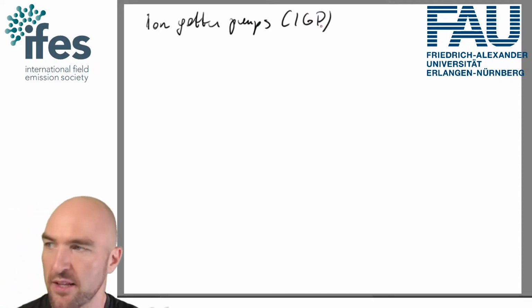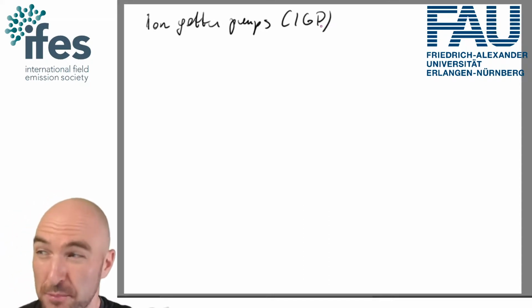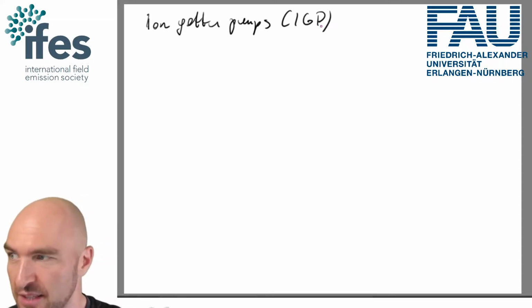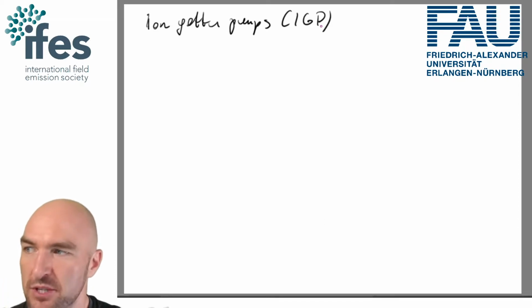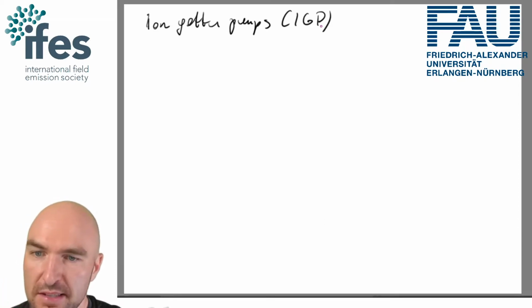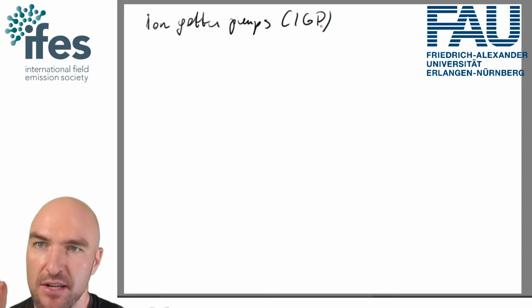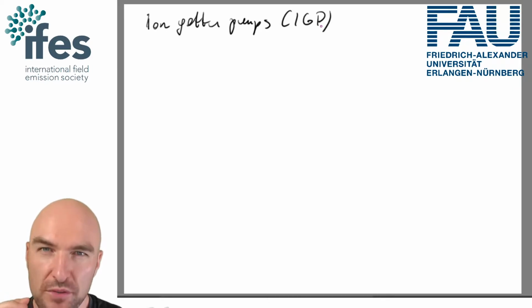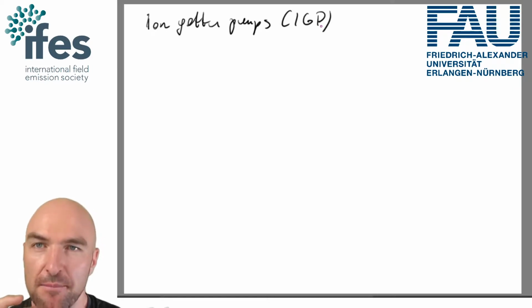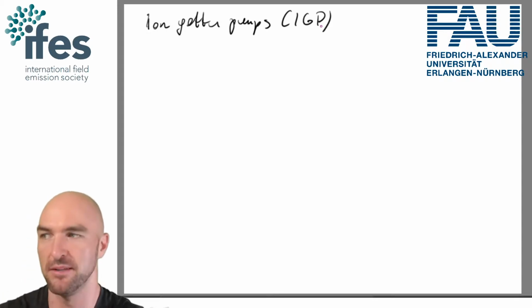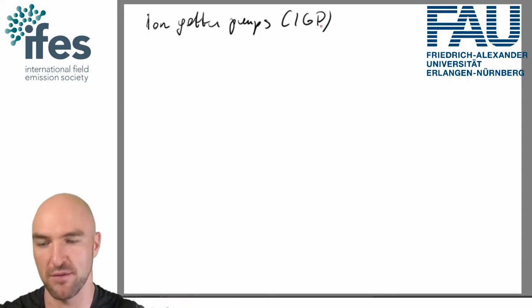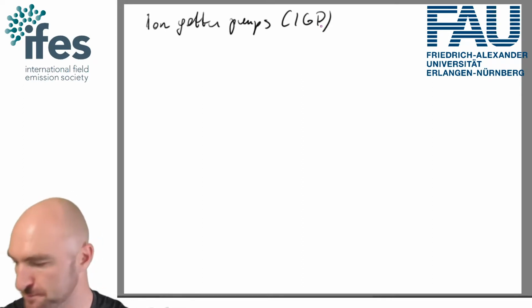We'll actually get to something very, very similar when you look at pressure measurement. And the truth here is ion getter pumps actually came from pressure measurements. In the 60s, when people started having ionization gauges, they tried to test them by themselves and see if there is any drift. And it really looked like the ionization gauges always were drifting to better vacuum, until people found out, no, they're actually acting as pumps. And so they just built big versions of them optimized for pumping, and that's what an ion getter pump is.